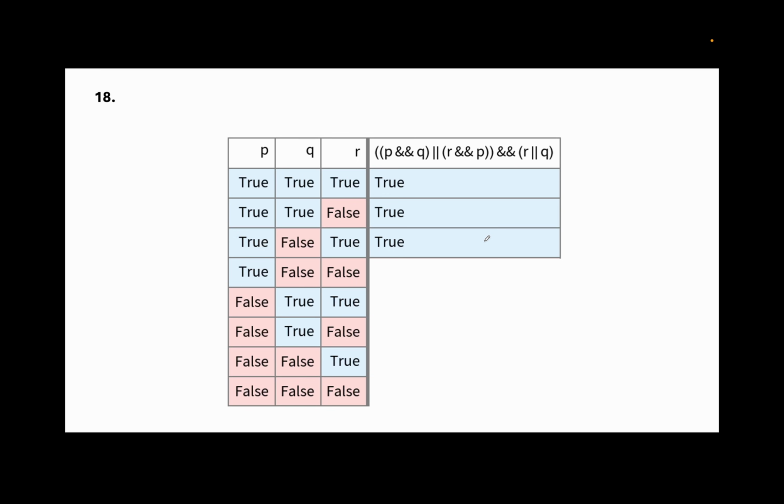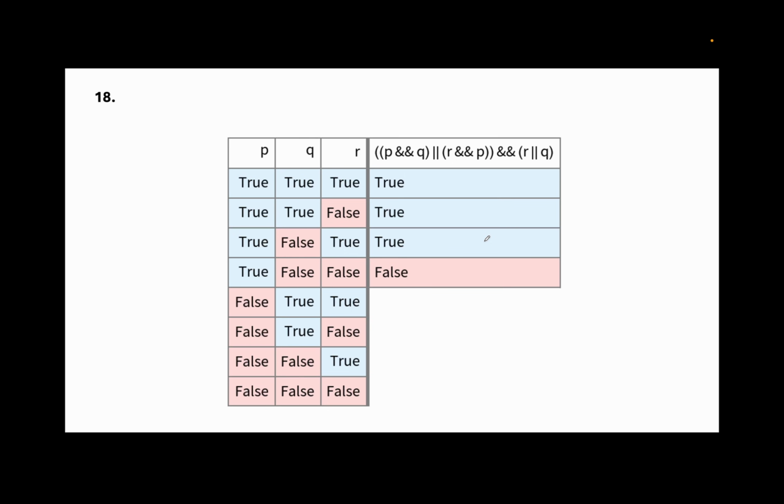Okay. Next. P and Q false. R and P false. R and P false. R or Q false. So here false.